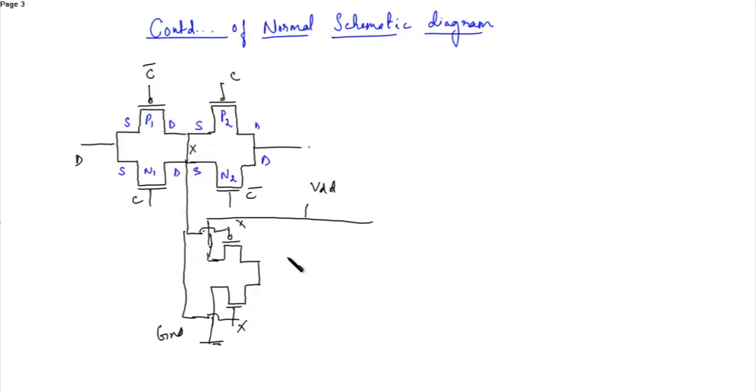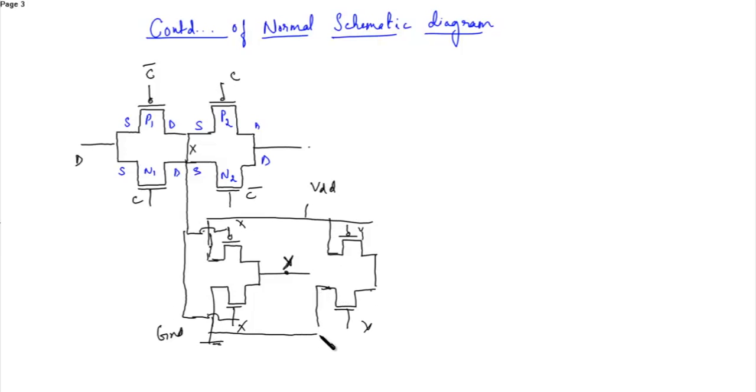Okay. Now here the output Y is, this is the output Y, which is connected to another inverter. This is Y, which is not connected to VDD. This is the source connected to VDD. This is again Y, and this is connected to ground.